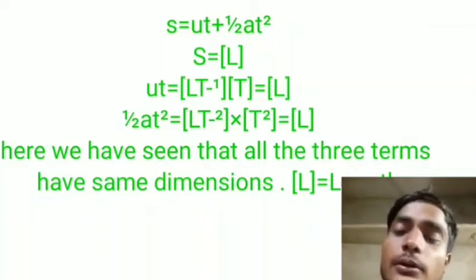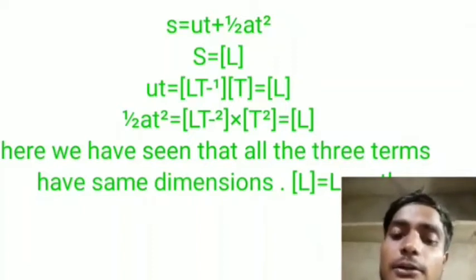Similarly, when solving the dimension of half at square, we also get L. In this way, we have seen that all the three terms have the same dimension, that is length.